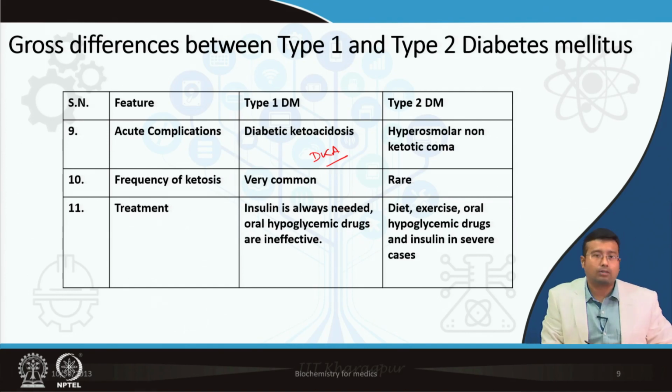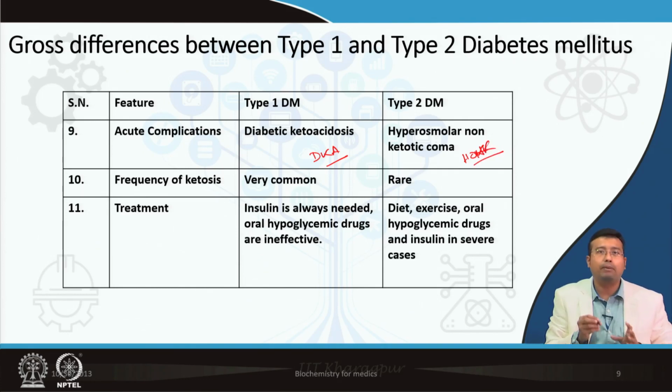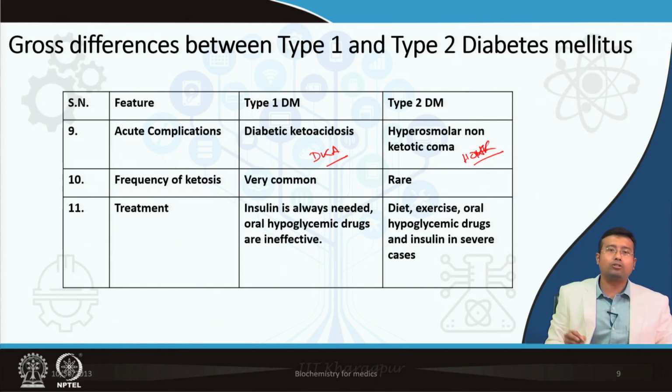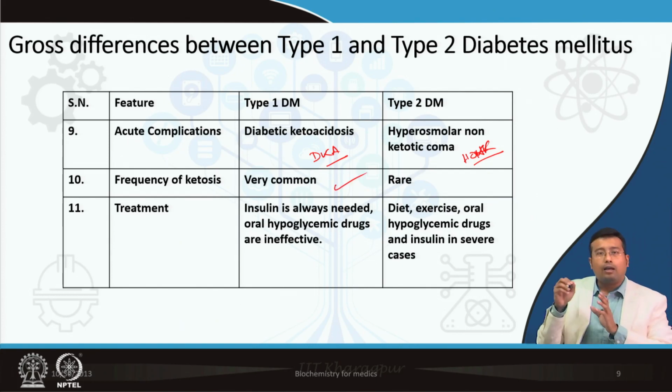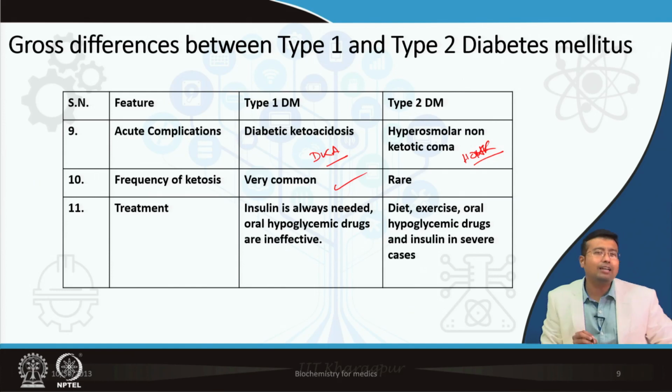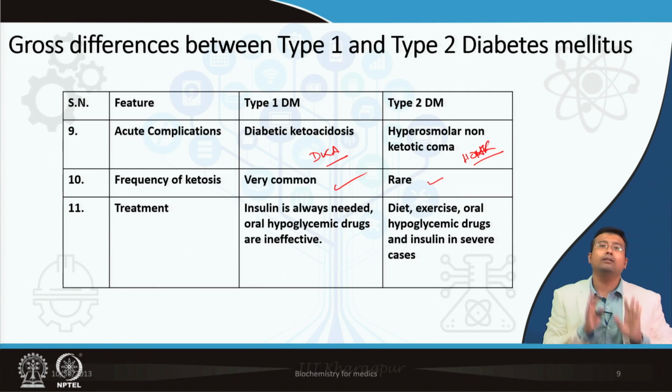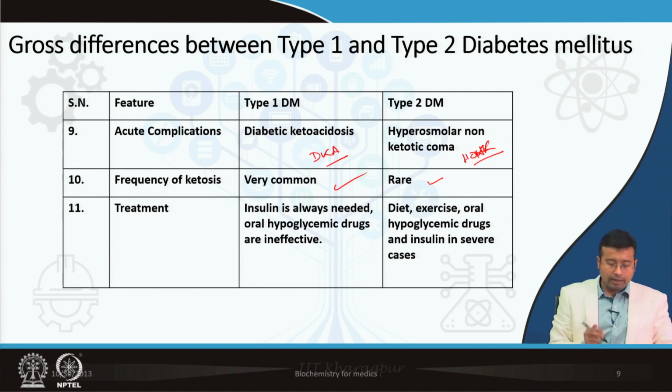In type 2 diabetes mellitus, it is known as hyperosmolar non-ketotic coma, HONK. Frequency of ketosis is very common in type 1. A mild amount of ketosis may be found in type 2 diabetes mellitus, but it is mostly common in type 1 diabetes mellitus.